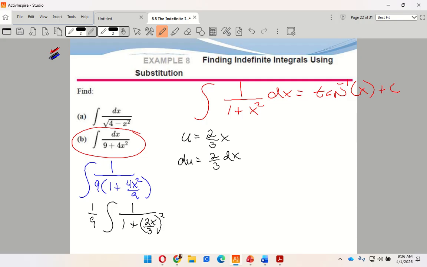I don't have a 2 over 3, do I? The last one, I had that nice 1/2 that took care of itself, right? But right now, I can't. So I'm going to replace my dx with what? I didn't write it down. Sorry.